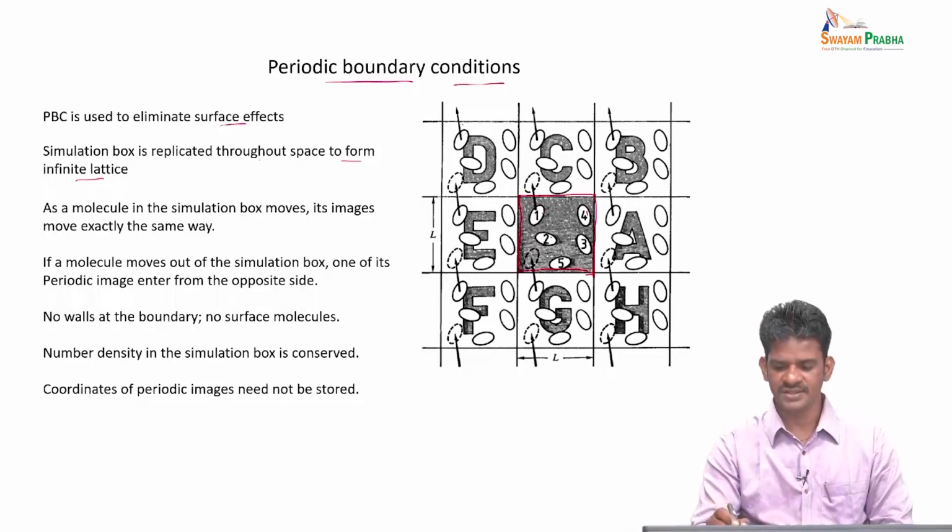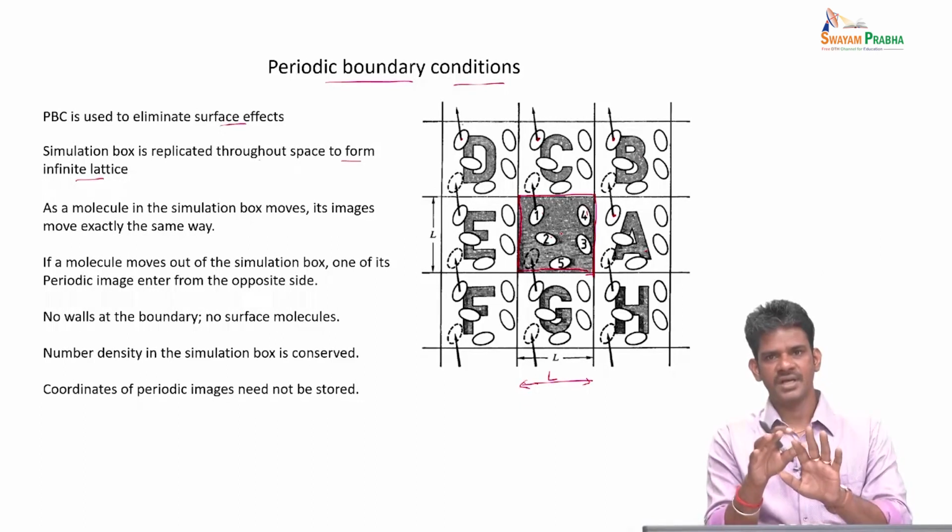You can see that the same molecule 1 is represented here in image box A. Similarly, if you go to periodic image B, again the same molecule 1 is sitting here. If you go to periodic image C, again the first molecule is here, and so on, D and E and everything. Each of these periodic images has the same dimension, edge length L, just like the central box.